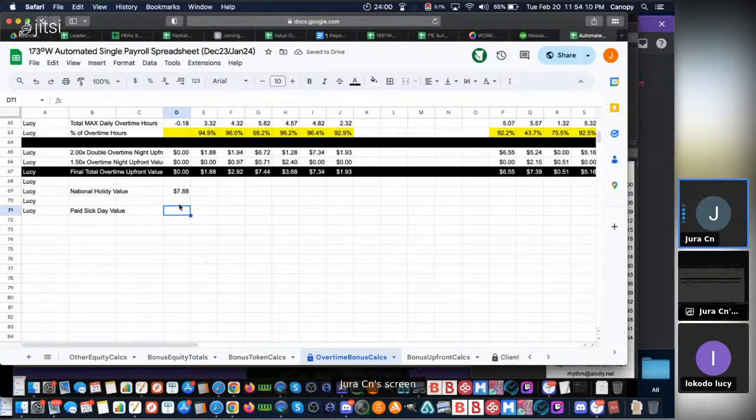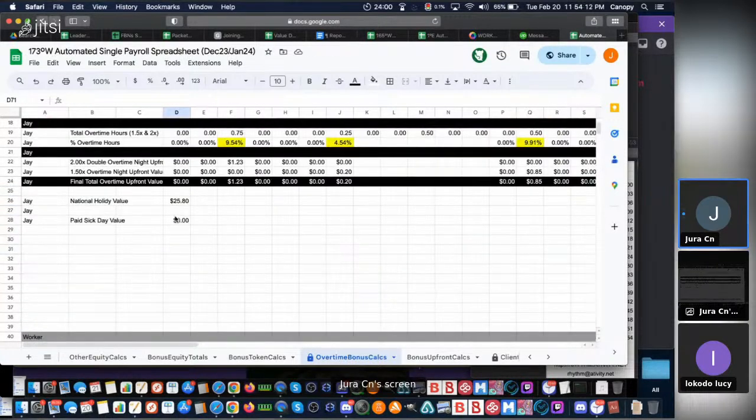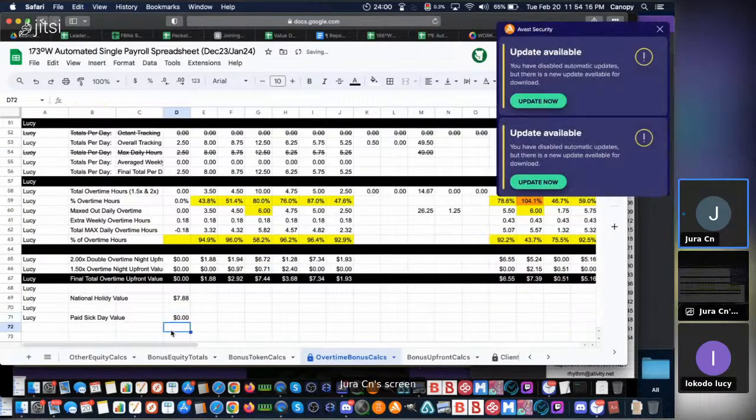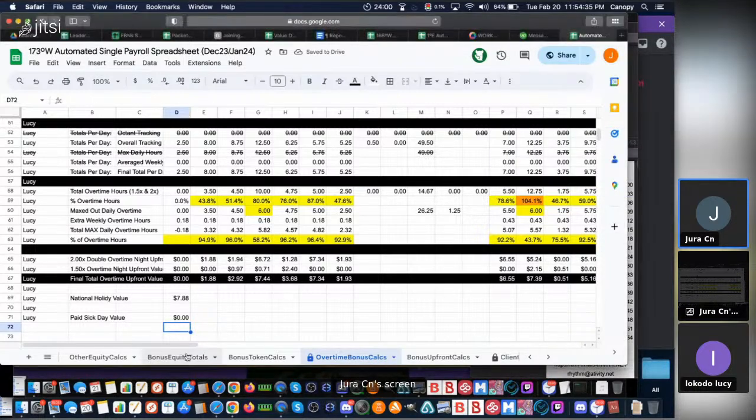And then the paid sick leave is also 0. I have 0 paid sick leave for this particular month, but you are also 0, right? No, because I did mine. So this is going to be Lucy tracking, Lucy, and then your budget was H4. But it still says 0. So let's confirm that. When something's 0, it's like, okay, why is it 0? So I come over here and I verify Lucy.